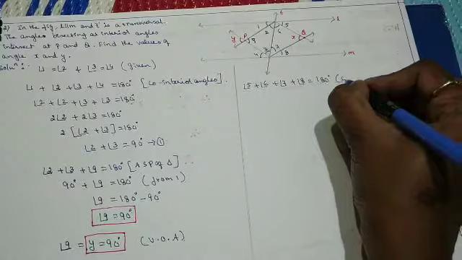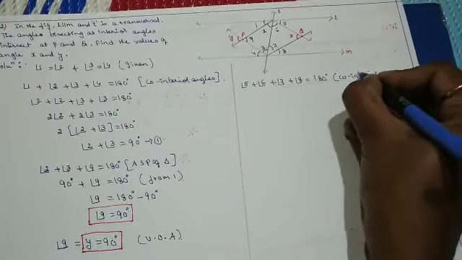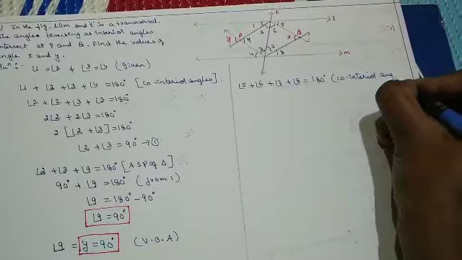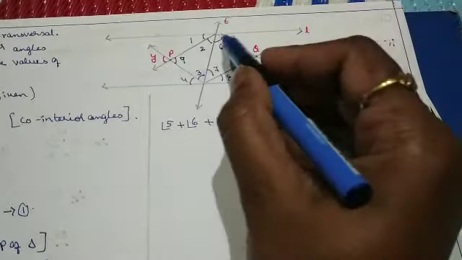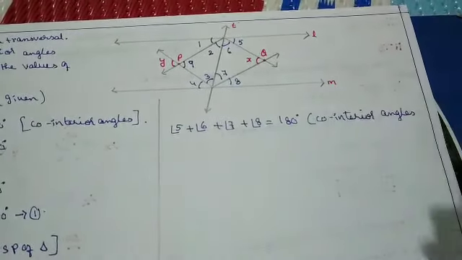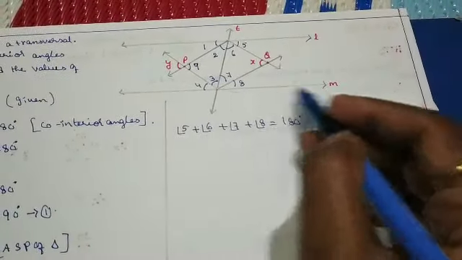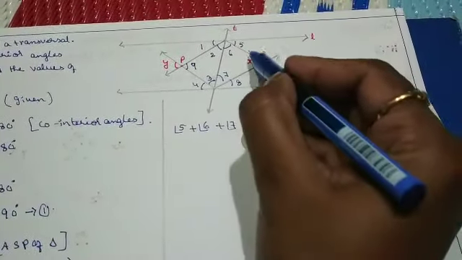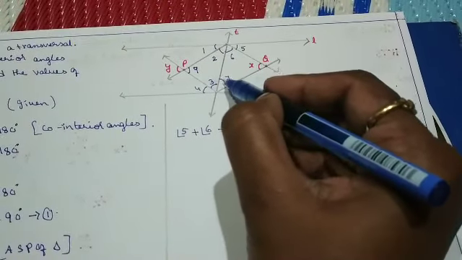Reason: co-interior angles. You can observe here it forms a letter C, right, which we call co-interior angles, letter C or letter U.